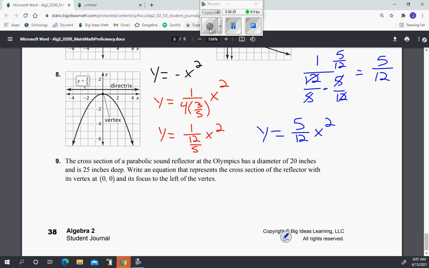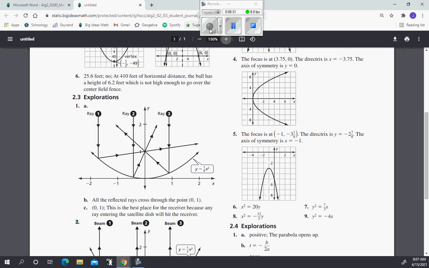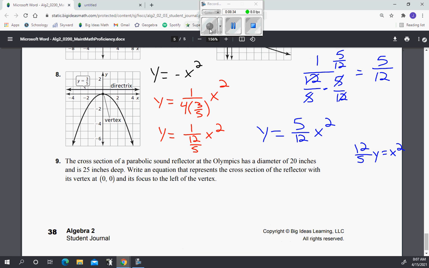So they say 12 over 5y equals x squared. Hold on, sorry. I almost made a big mistake. I forgot to bring the negative down. This is a negative graph. Okay, so we should be saying y equals negative 5 over 12 x squared.